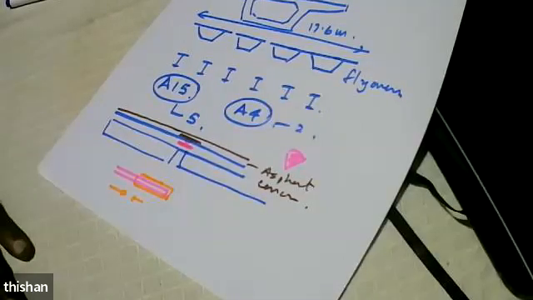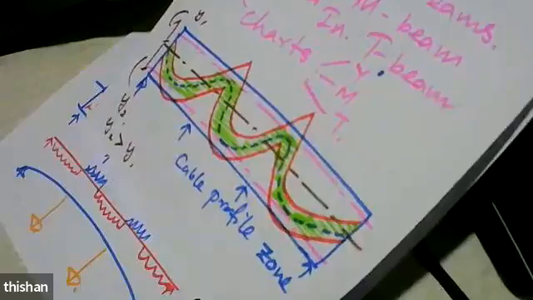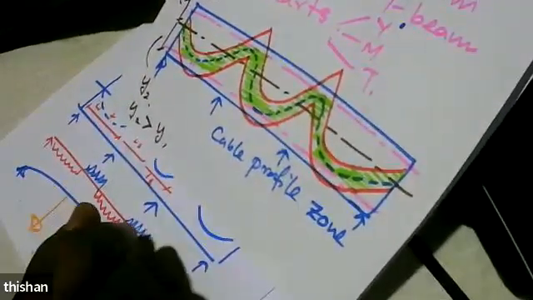So we have to first understand why we cannot design a continuous bridge as we do with simply supported, because of this situation where you do all your calculations, get a zone.